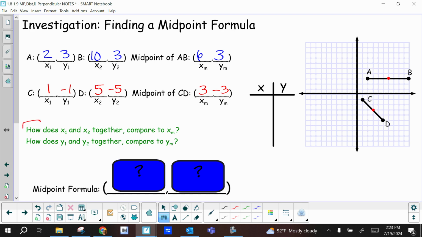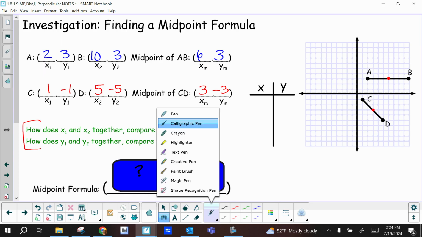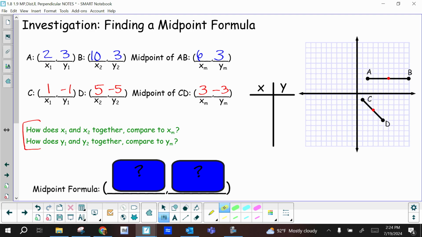Now as we look at this little piece right here, it says, how do x1 and x2 together compare to xm? And how do y1 and y2 together compare to ym? Let's look at x1, x2, those two together. When we say together, we might think of the sum or the difference.